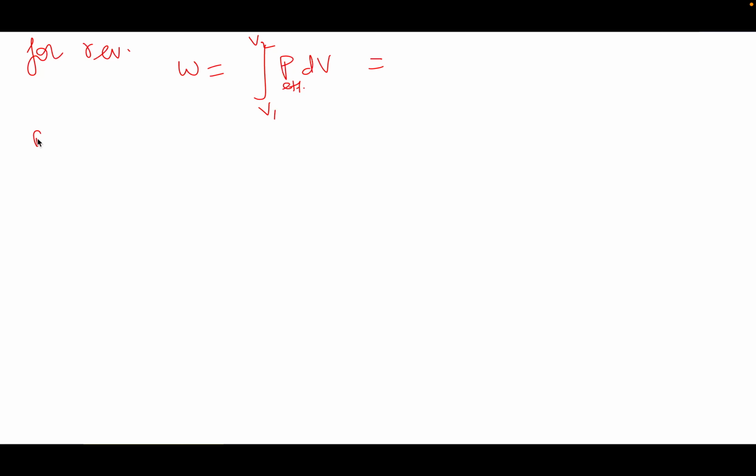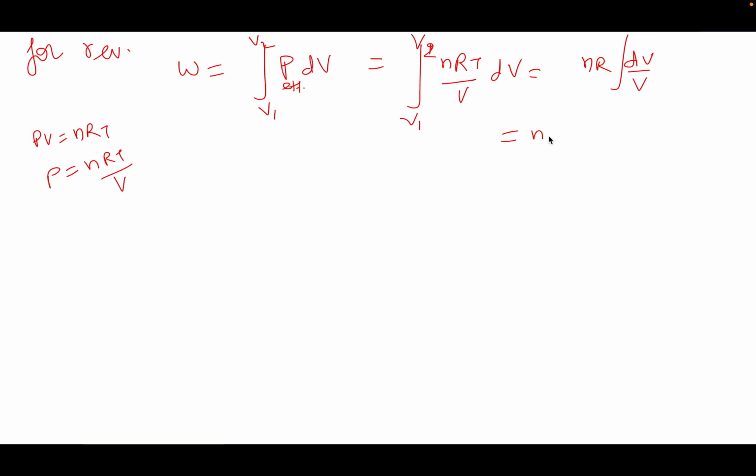For ideal gas PV is equal to nRT, so P is equal to nRT by V. So this is the integration of nRT by V dV from V1 to V2, so this is nRT ln V2 by V1.